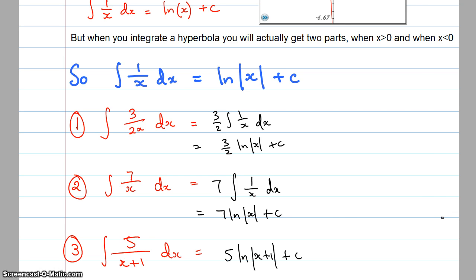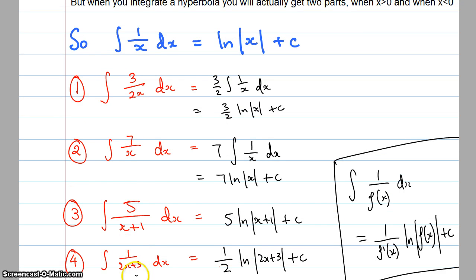So that's 5 multiplied by 1 on x plus 1 dx. And then I can get the antidiff of this 1 on x plus 1, which becomes a natural log of absolute x plus 1 plus c, multiplied by 5.